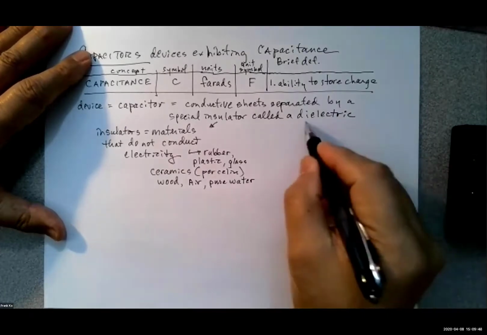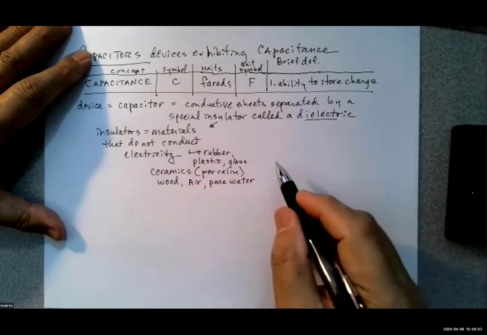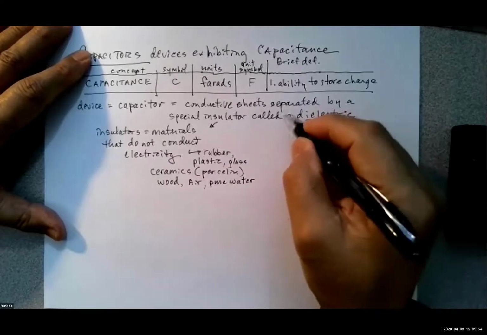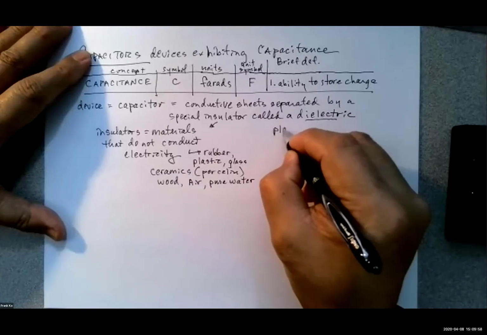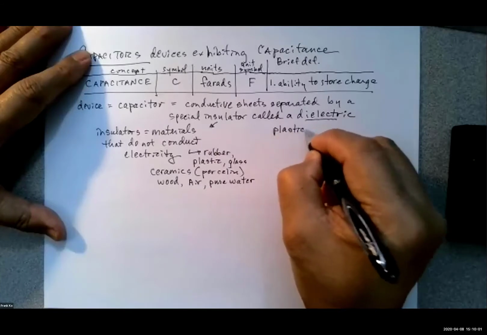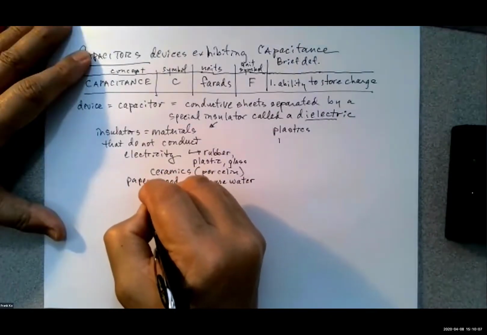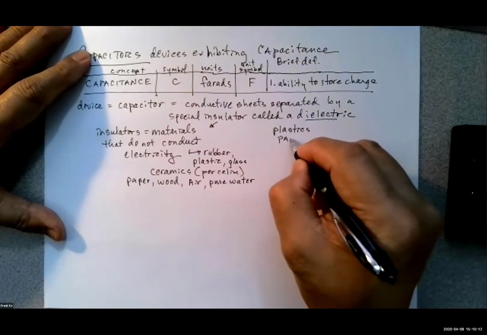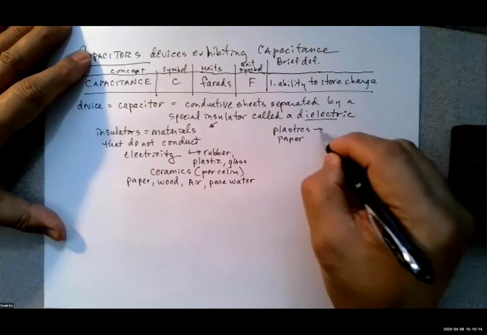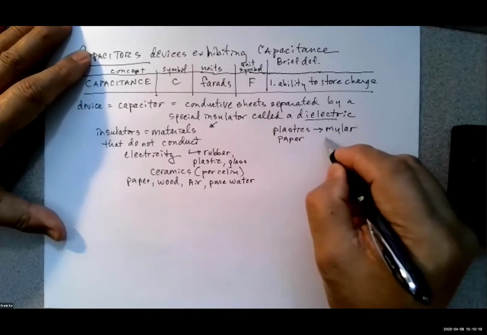All right, so dielectric, the special type of insulators that are used in the construction of a capacitor, would be some of these items. Some of these items would be plastics. Paper is an excellent one here. Let's add paper here. So plastics, you would encounter mylar as a type of plastic.